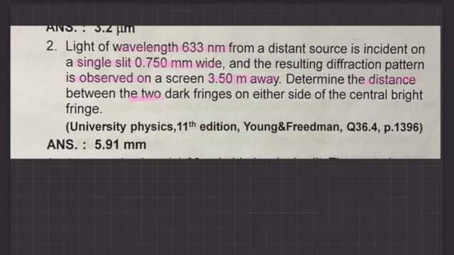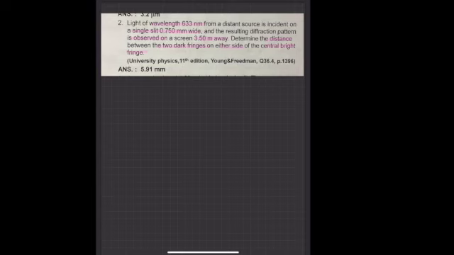Okay, list the information given first. Given lambda 633 nanometer, and a here is 0.750 times 10 power of negative 3 meter. Then D is 3.50 meter, and y n is what we want to find.